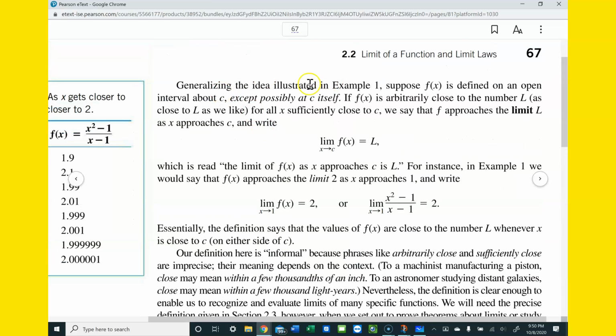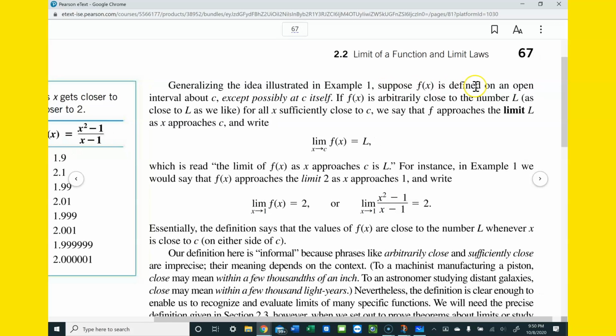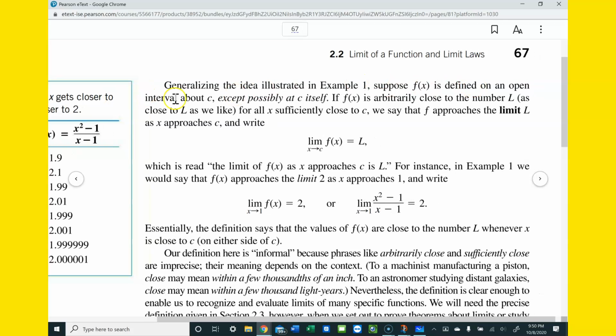All right, generalizing the idea illustrated in example 1, suppose f of x is defined on an open interval about c, except possibly at c itself. If f of x is arbitrarily close to the number L, as close to L as we can imagine, for all x sufficiently close to c, we say that f approaches the limit L as x approaches c, and you write it like this.